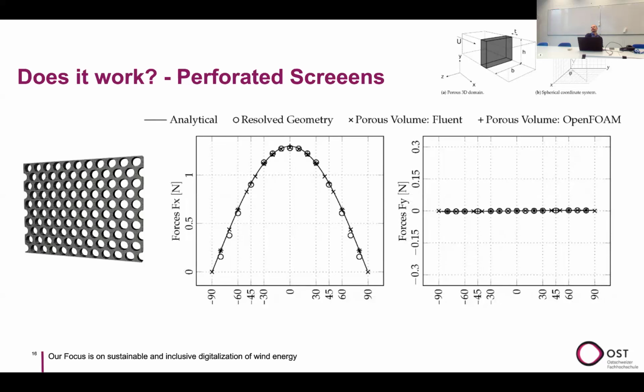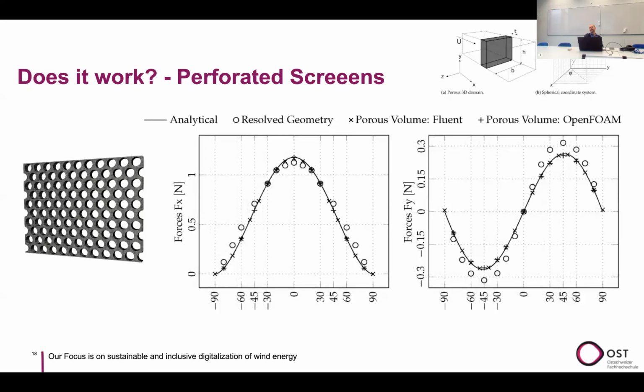Because if you look at, for example, just the X forces, the shape itself is guided by... I'm not sure it would.